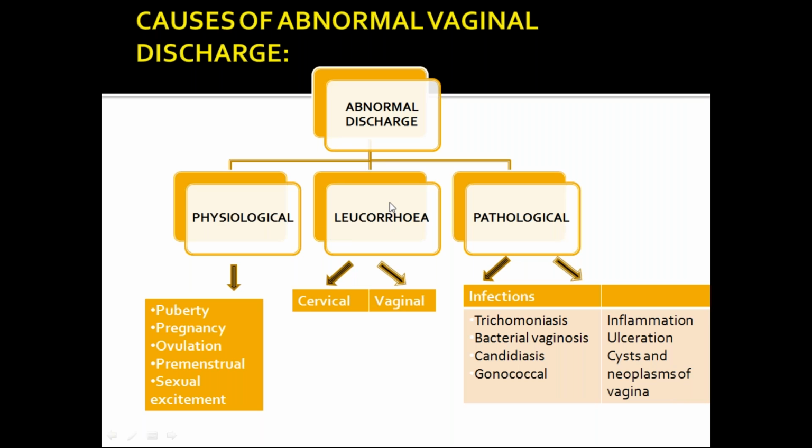The word leukorrhea should be used when the normal vaginal secretions are increased in amount. It is non-purulent, and there are no leukocytes because there is no infection. That is why it is called leukorrhea. Leukorrhea can be due to vaginal causes or cervical causes.